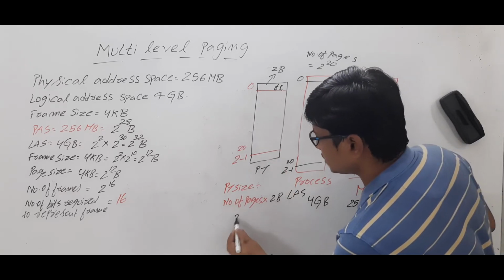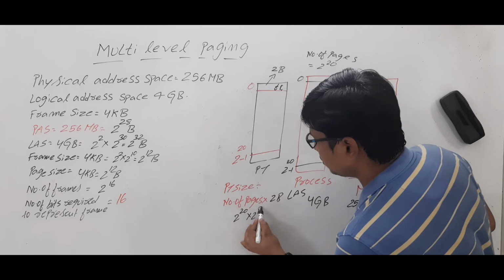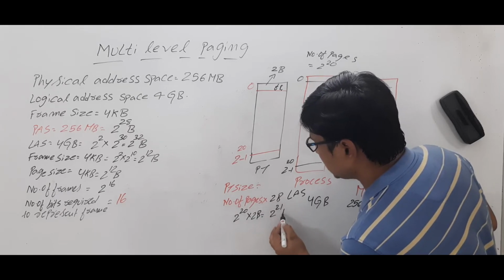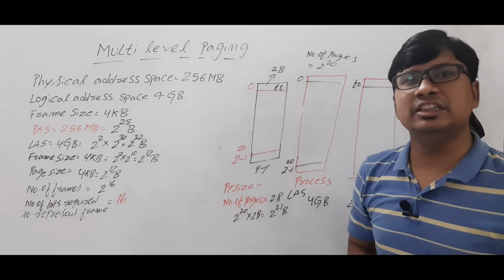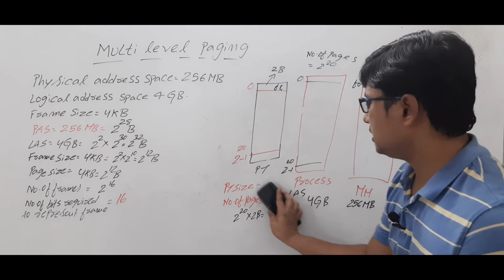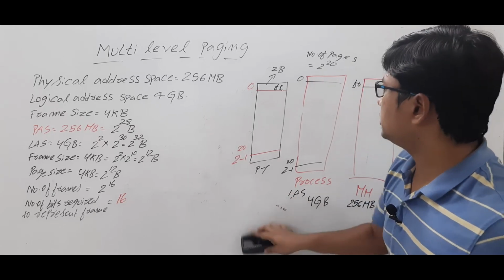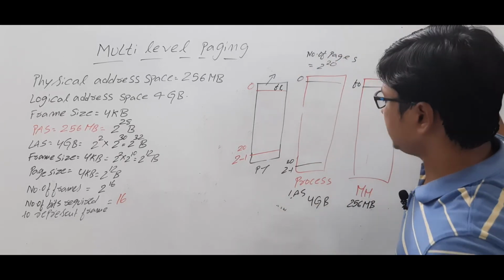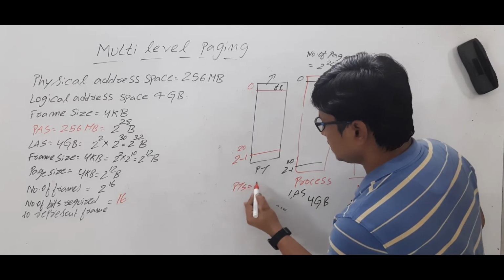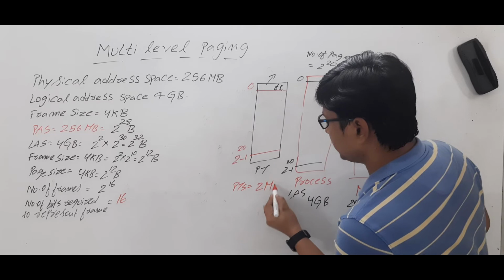So number of pages is 2 power 20 into 2 bytes, which is 2 power 21 bytes, which is nothing but 2 MB. Okay, are you able to understand? So let me write here, this page table size is equal to 2 MB.